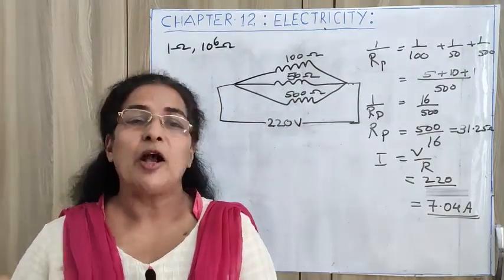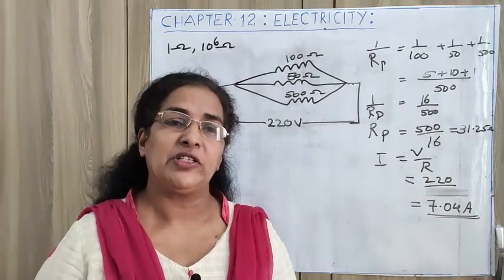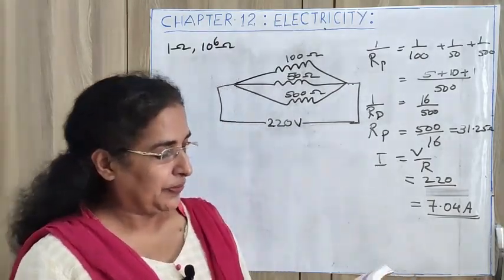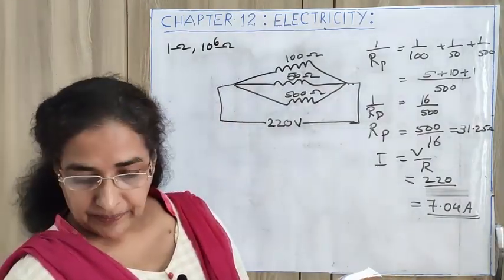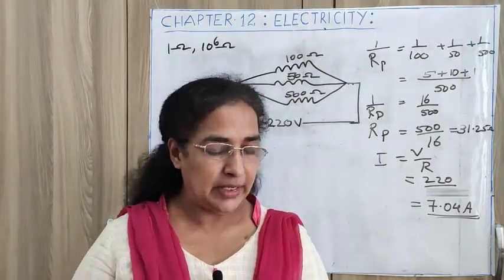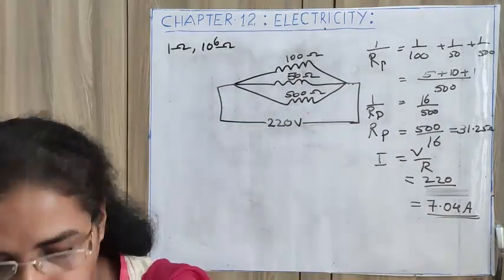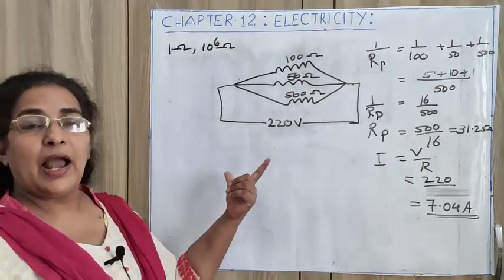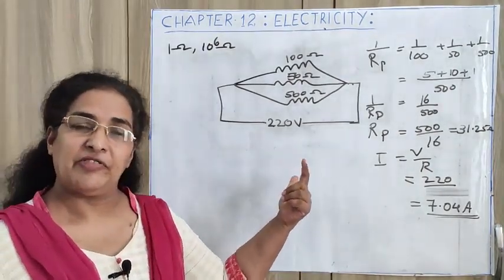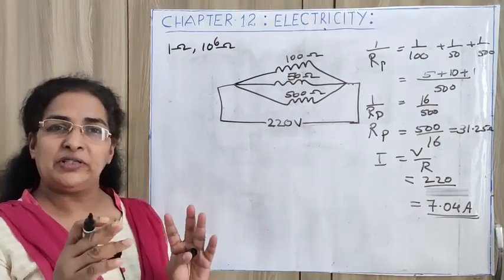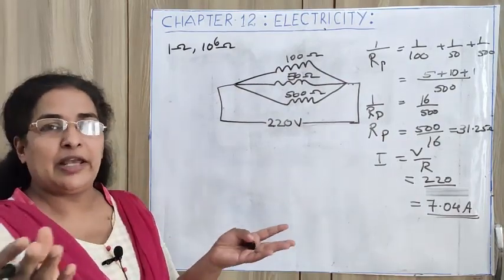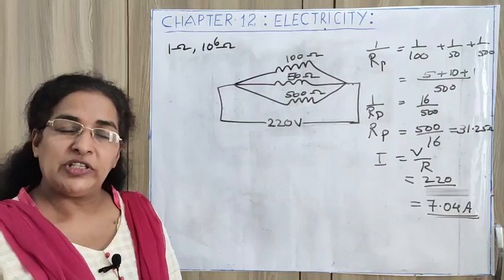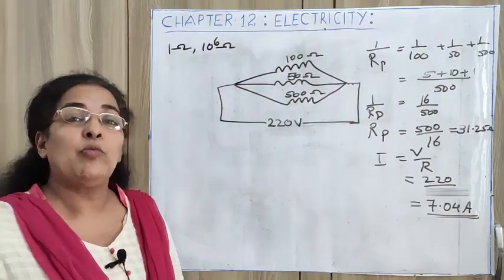Okay, come to the first part. The effective resistance should be 4 ohm. See, which are they? 2, 3 and 6. So, I need 4 ohm resistance as the effective resistance. I cannot say series connection, because if it is in series, it should have been more than 6.